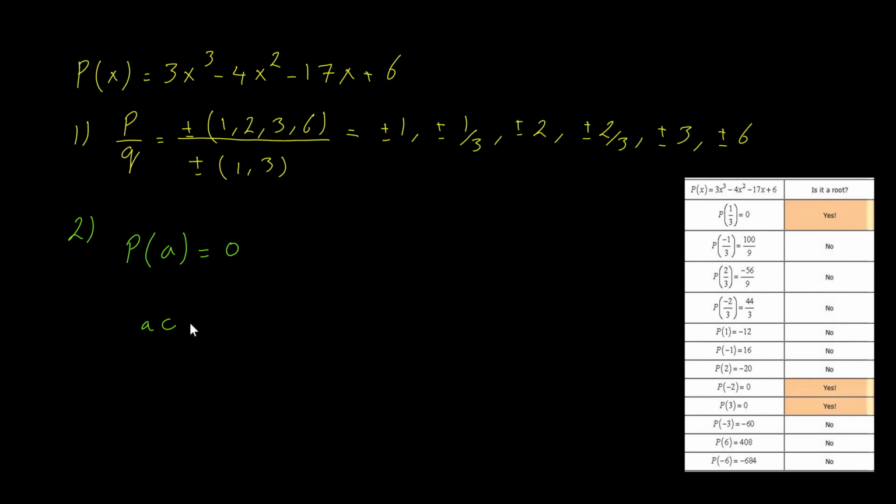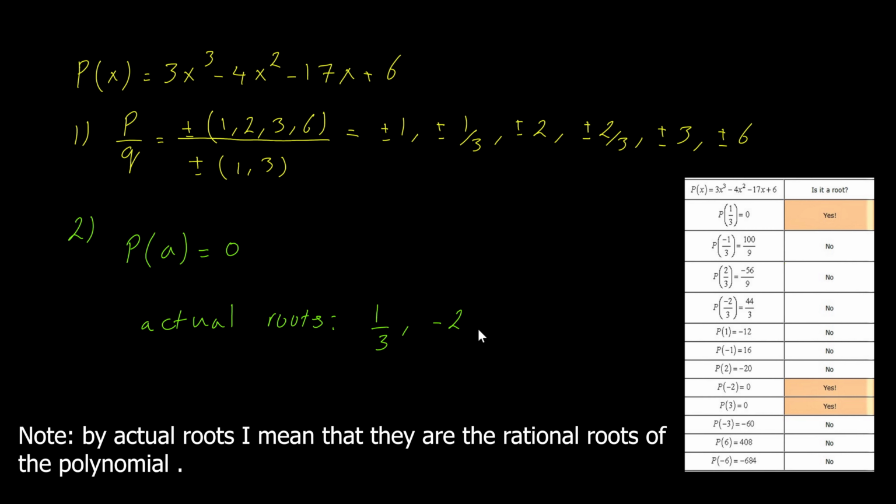So the actual roots are 1/3, negative 2, and 3. These 3 values are the actual roots of this polynomial.